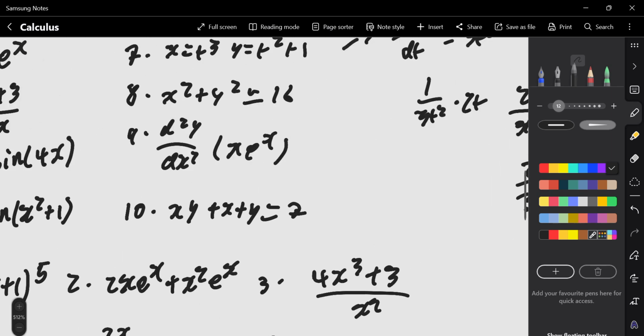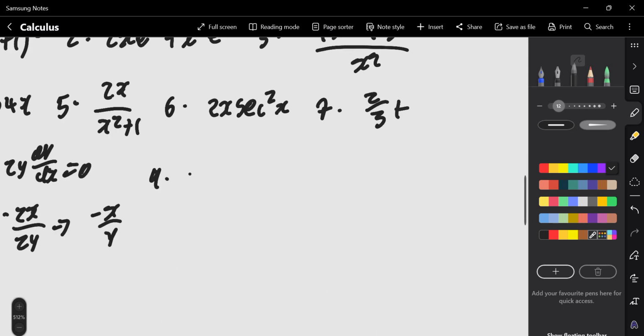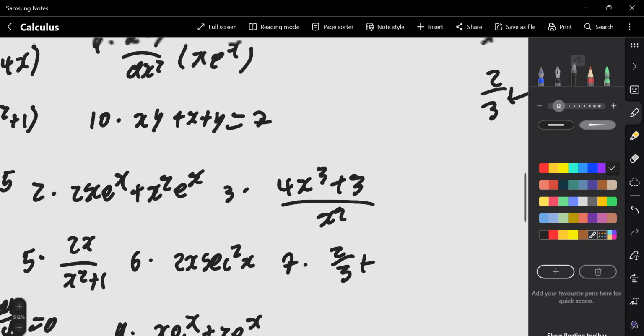The first derivative of this is going to be x e to the x plus e to the x. So the second derivative is going to be x e to the x plus e to the x plus e to the x. So x e to the x plus 2e to the x.